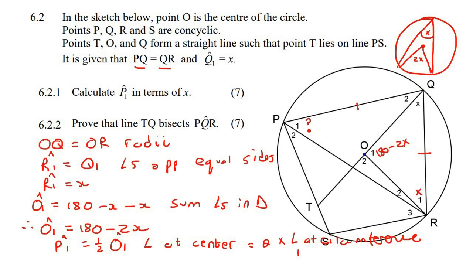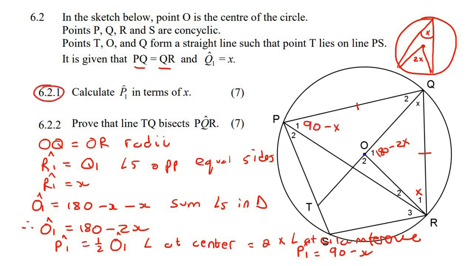And so we could then say that P1 is half of that, so it's 90 minus x, because it's half of the 180 and half of the 2x. So it's half of 90, so it's just going to be 90 minus x.